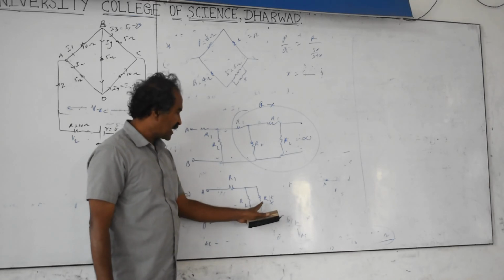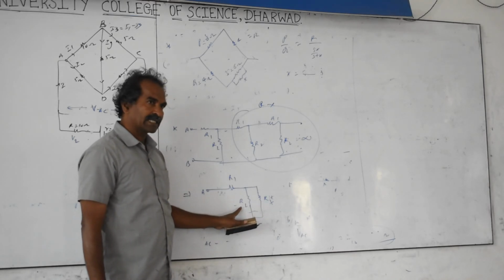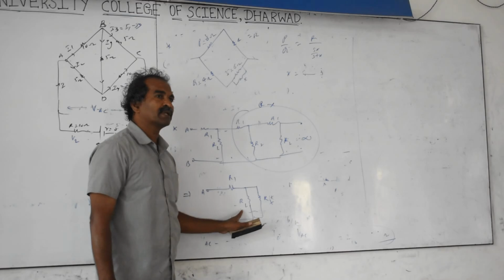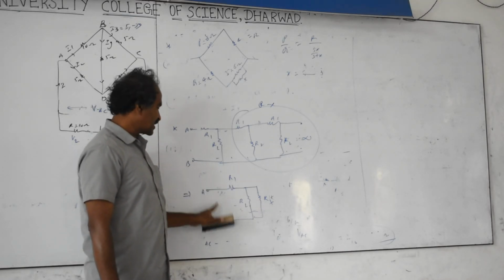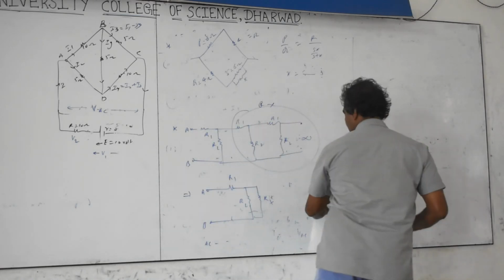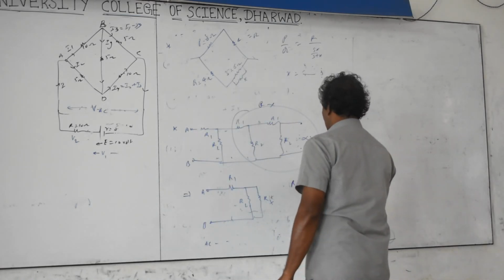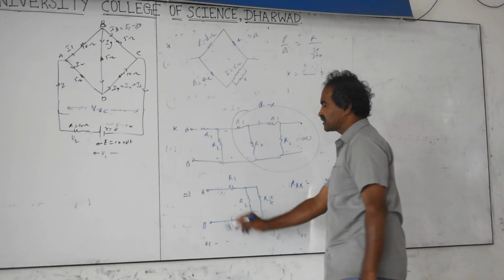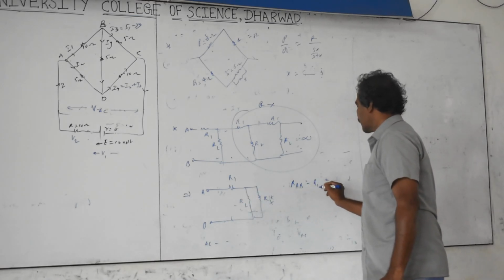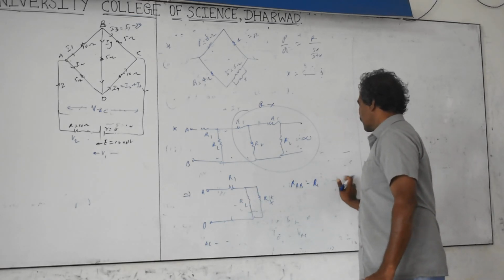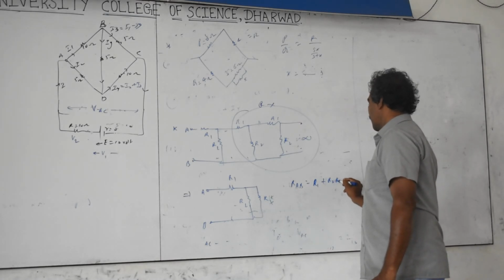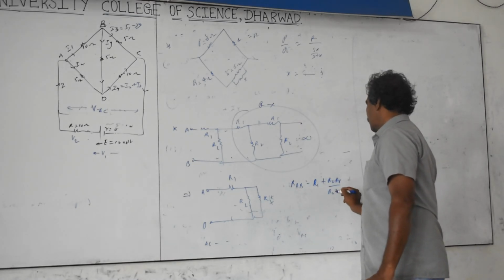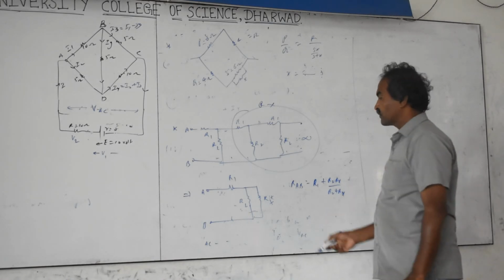So Rx is now parallel to R2. The resultant is R2 Rx by (R2 plus Rx). This whole thing comes in series with R1. So the resultant resistance between A and B, RAB, equals R1 plus R2 Rx by (R2 plus Rx), but we don't know Rx.